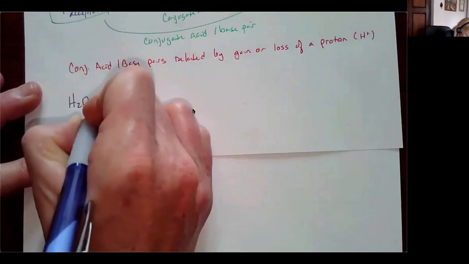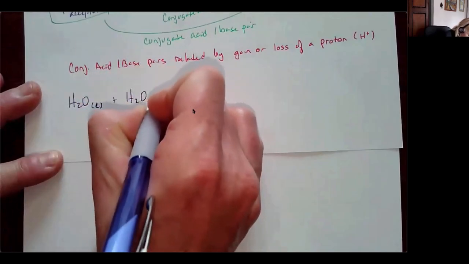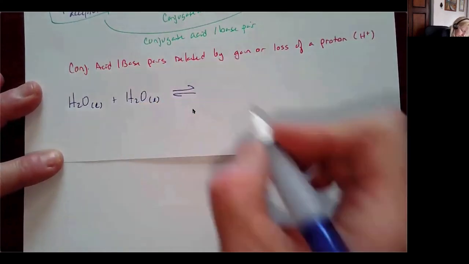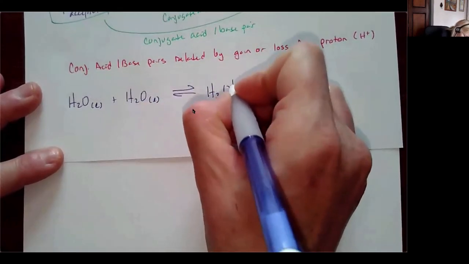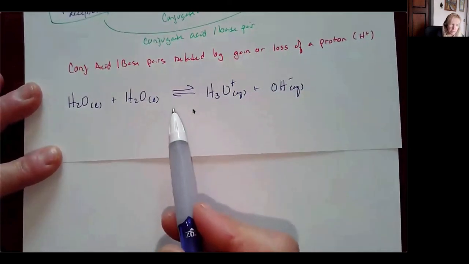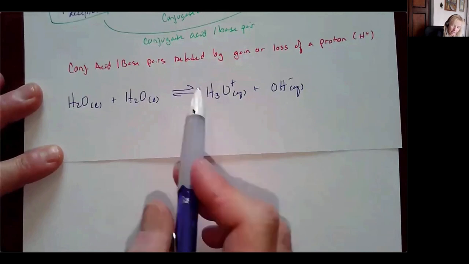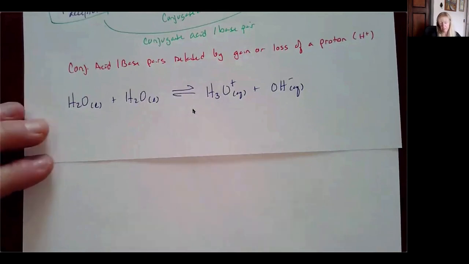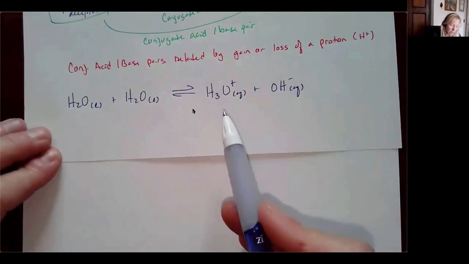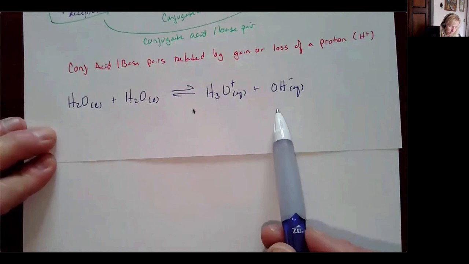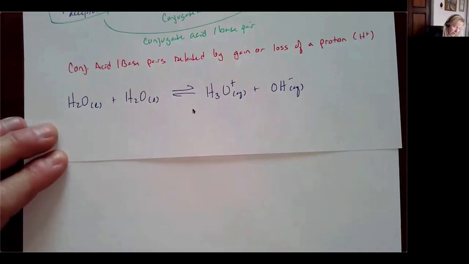If I just have plain water, I react water with itself. So I just have pure, good old-fashioned water. It's going to do this auto-ionization where it forms this here. This is an equilibrium scenario. It has an equilibrium constant, and it's really, really small. So if I just have a pure sample of water, I'm going to have a small amount of hydronium ion and hydroxide ion in that solution because water is going to auto-ionize.